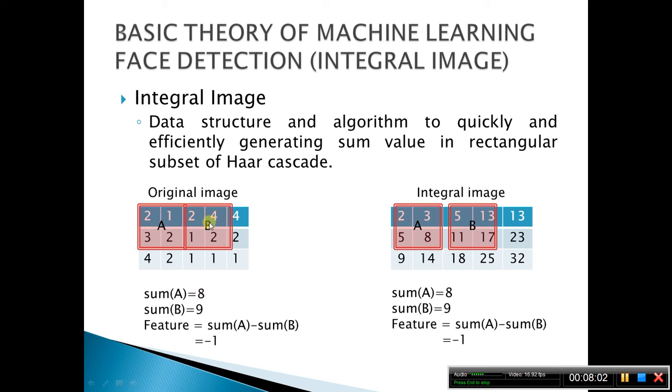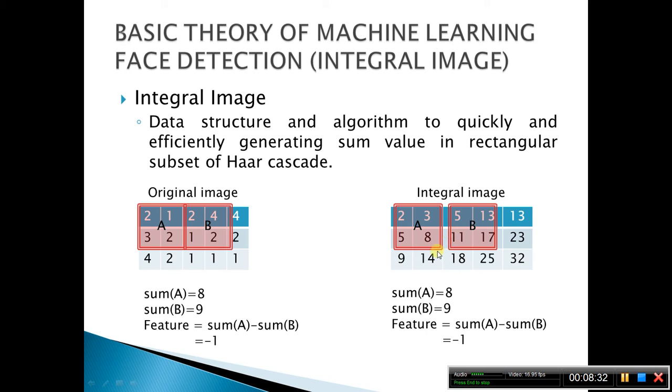For grid B it is 2 plus 4 plus 1 plus 2, so the sum of B equals 9. It may be simple because it's a 2 by 2 grid, but imagine if it were a 12 by 12 grid.